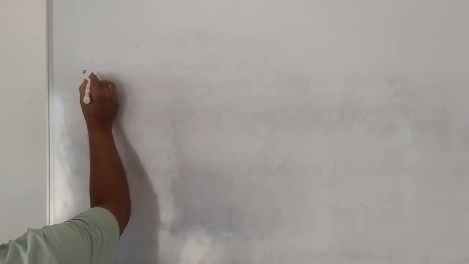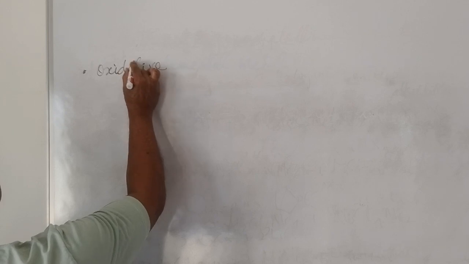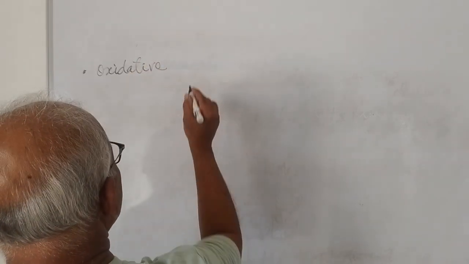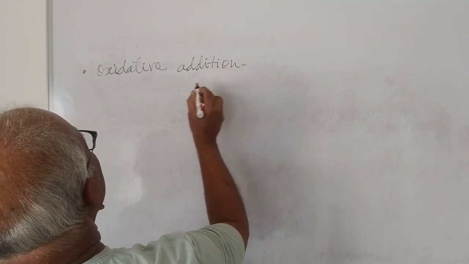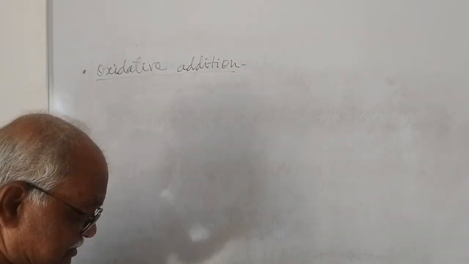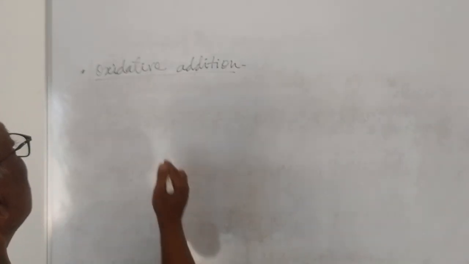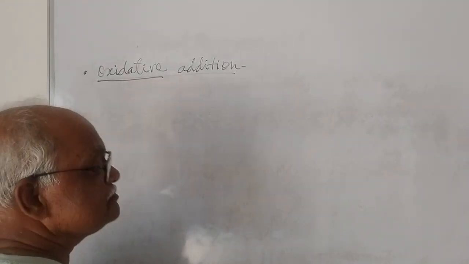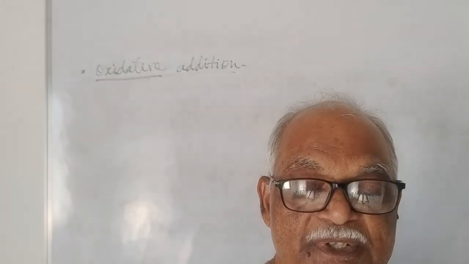Now we will see the next point in this type of reaction, that is oxidative addition. In this oxidative addition reaction, our aim is to obtain the organometallic compounds.